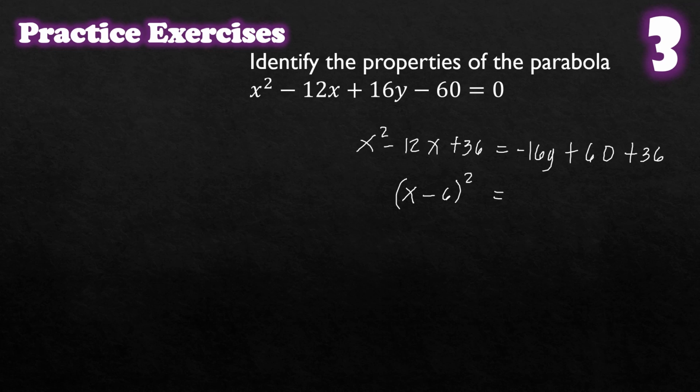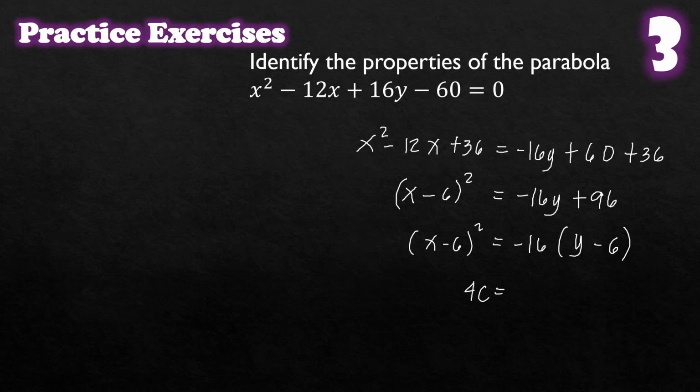The right hand side simplifies to -16y + 96. -16 is a common factor in the terms on the right hand side. So we have (x - 6)^2 = -16(y - 6).